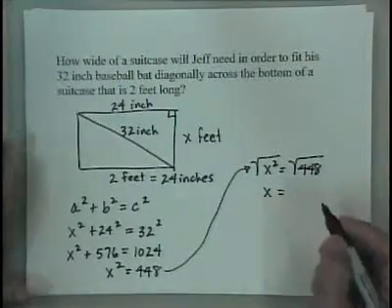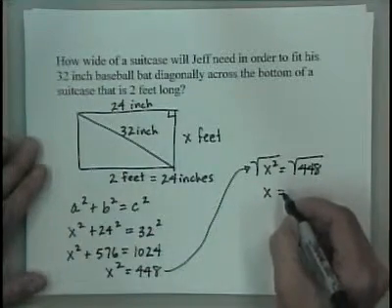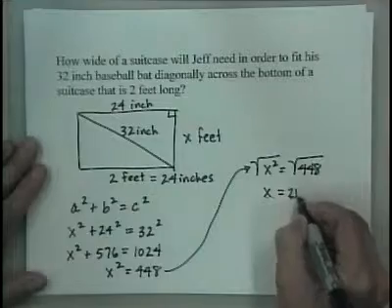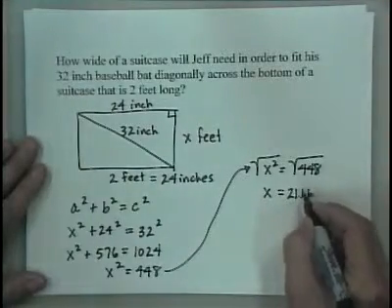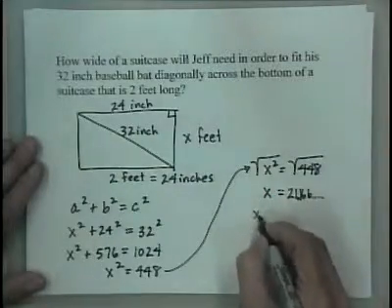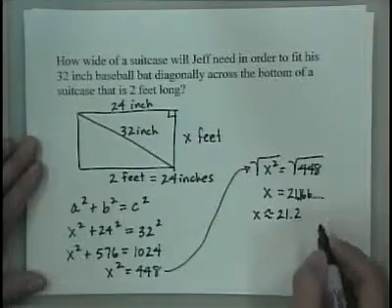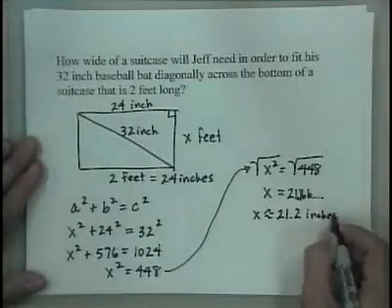And so x is going to be, with the help of a calculator, the square root of 448, which is about 21.166, and so forth, rounding to maybe the first decimal place, 21.2 inches.